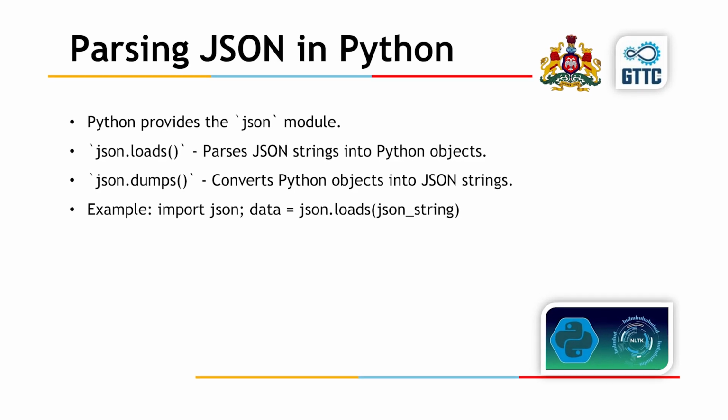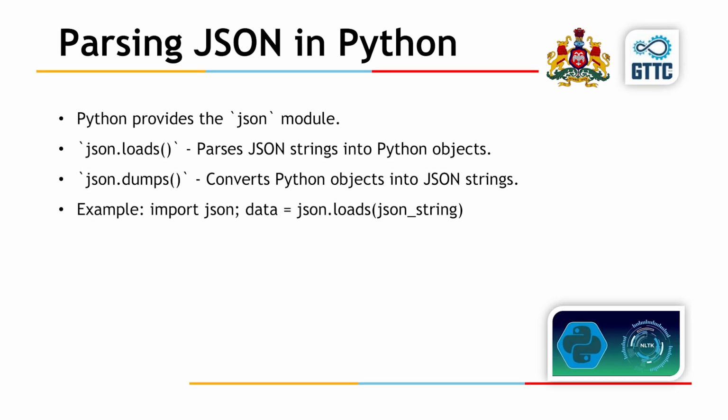Now, what is parsing? Parsing is nothing but the machine trying to read the content of the data, whether it is in JSON format or in XML format. That entire process is called parsing. In order to do this parsing in Python, we have a module called the json module.